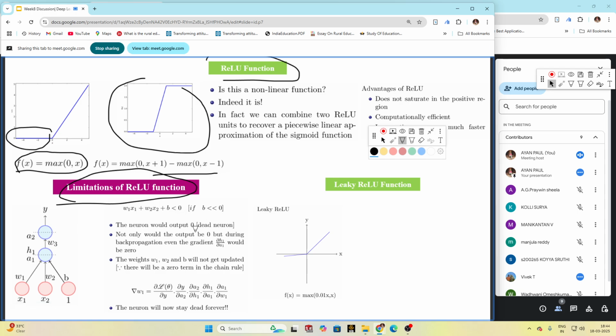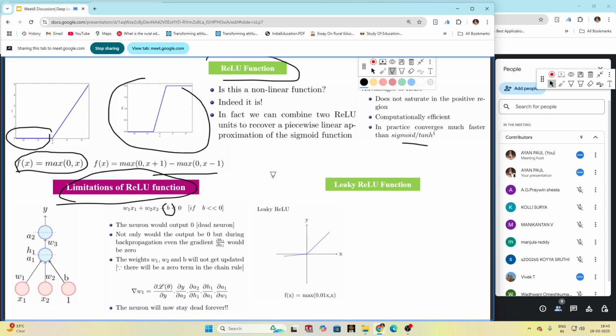What the dead neuron problem is: if our bias term is very negative, it will drive our input to a negative value, and whenever it drives our input negative, our output will be 0, and we will face the problem of vanishing gradient and other things. That is known as the dead relu problem.